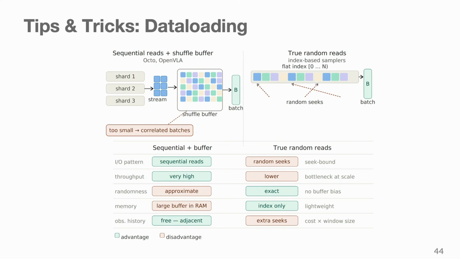And this is something we learned the hard way when we started training Octo. In the beginning, we had a shuffle buffer of only 20,000 samples. And combined with trajectory level interleaving, this resulted in really poor generalization performance.